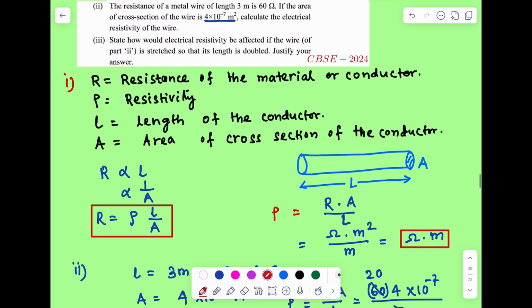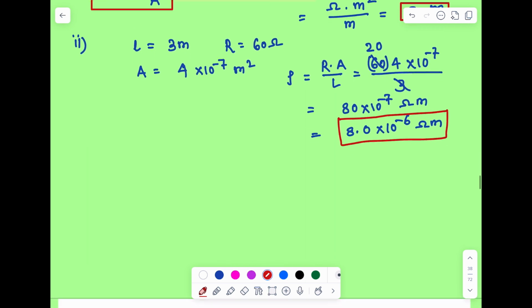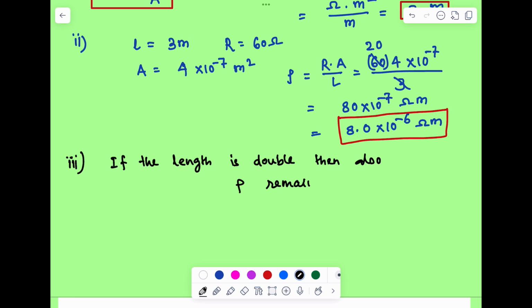Third one is, state how electrical resistivity would be affected if the wire is stretched so that its length is doubled. If the length of the wire is doubled, then also rho remains constant.